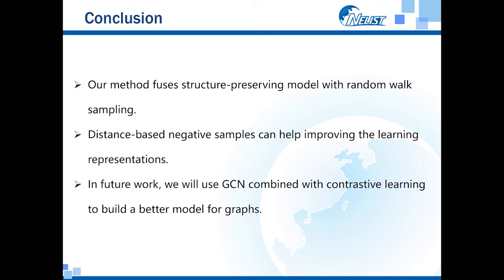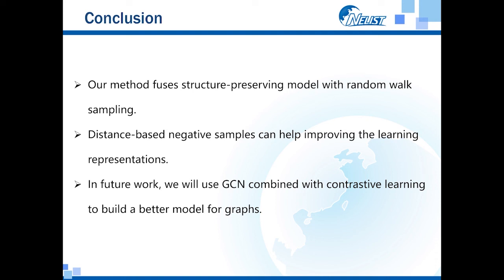In this paper, we present a new graph embedding method that focuses on learning low and high-order graph structural information. First, our method fuses a structure-preserving model with random walk sampling, which can learn multi-order graph structural information.